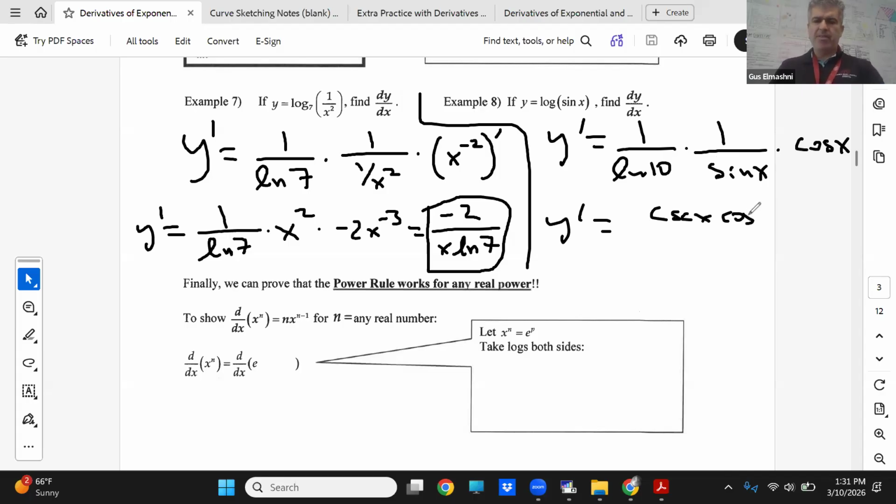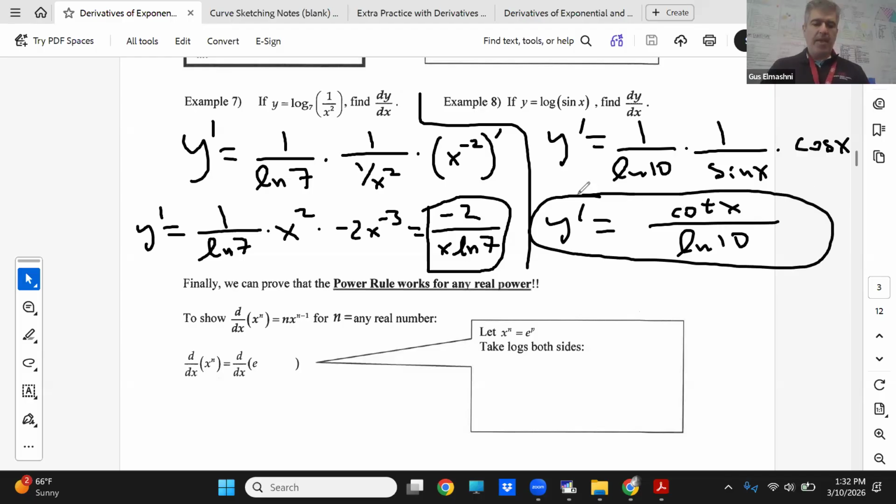Or actually, I could just say this. What's cosine over sine? You guys know this. Yeah, the tangent, right? Yeah, so you get that.